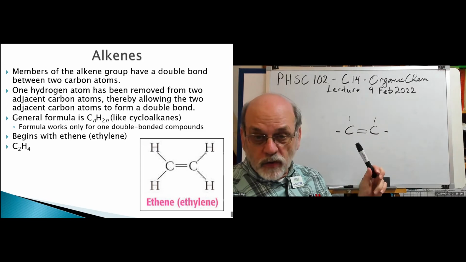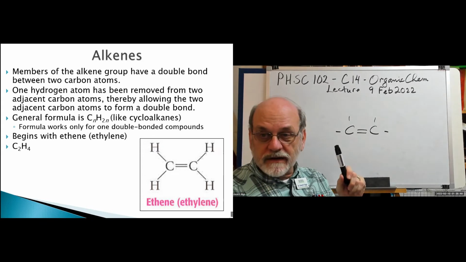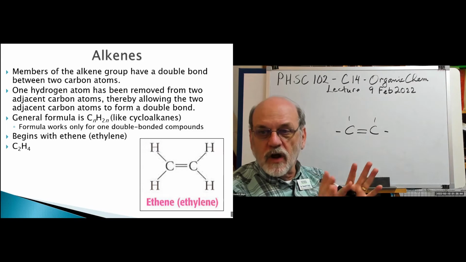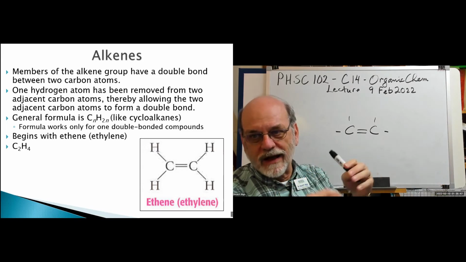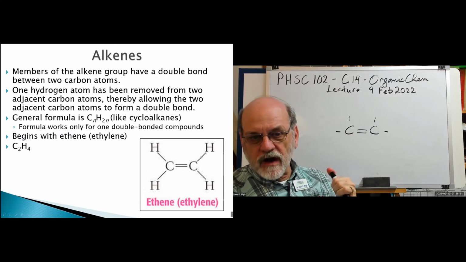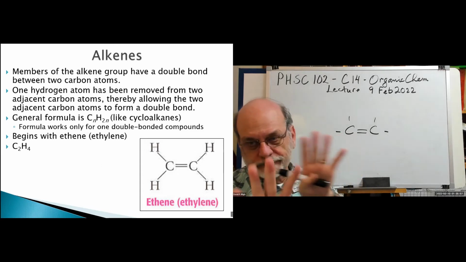So we're not breaking any rules. It's just that now, to form that 1 double bond, you lose 2 hydrogens for the same reason you lost 2 hydrogens in the cycloalkane. This particular compound is called ethene or sometimes ethylene. So they're interchangeable.